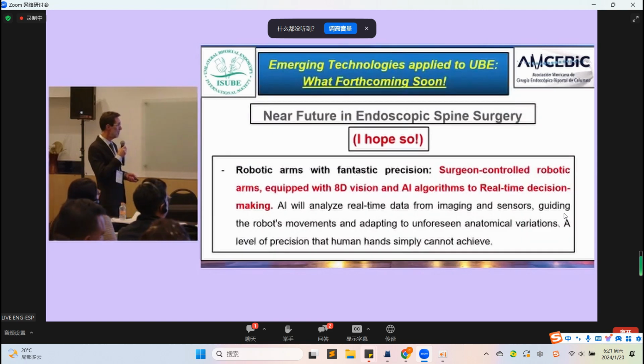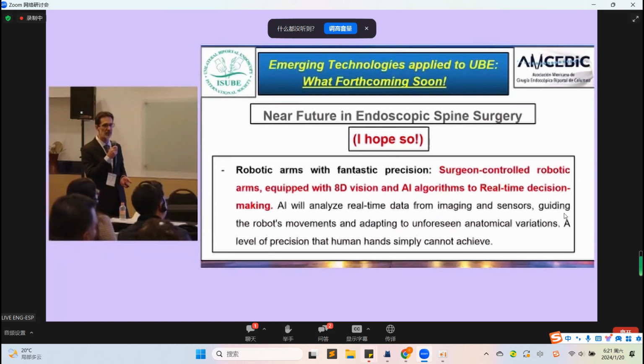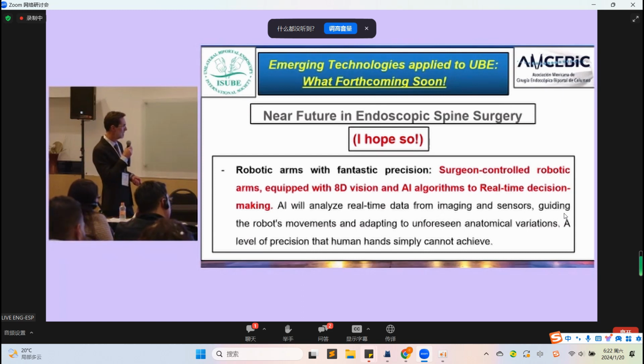And I hope for robotic arms with fantastic precision, surgeon controlled, equipped with 3D vision and AI algorithms for real-time intraoperative decisions. AI will analyze real-time data from images and sensors, guide the robotic movements, and adapt to unforeseen anatomic variation. I think it's possible in the future.